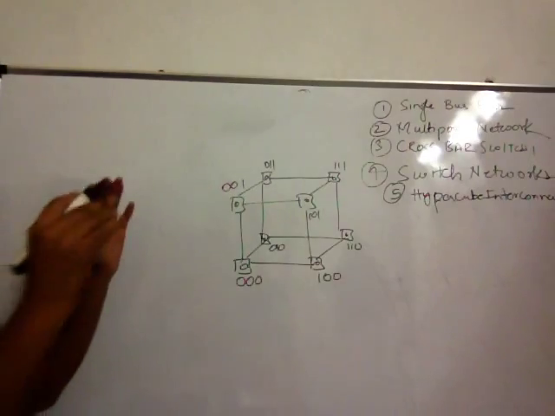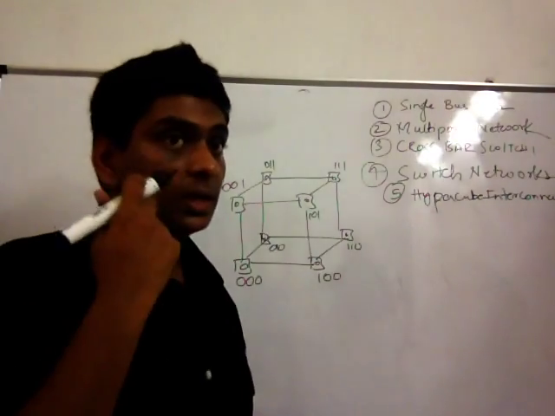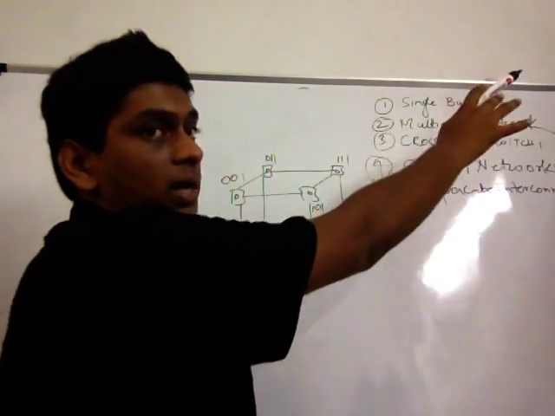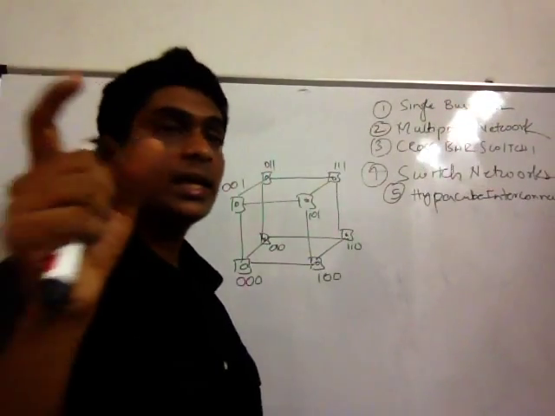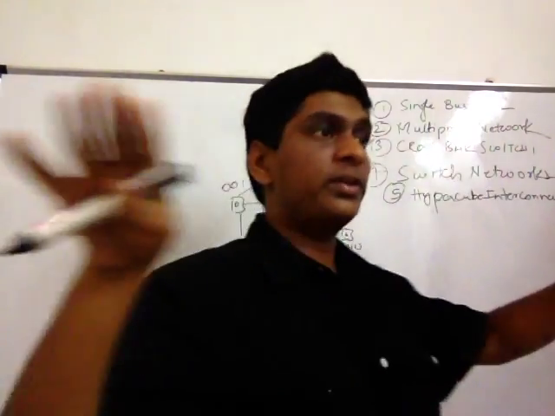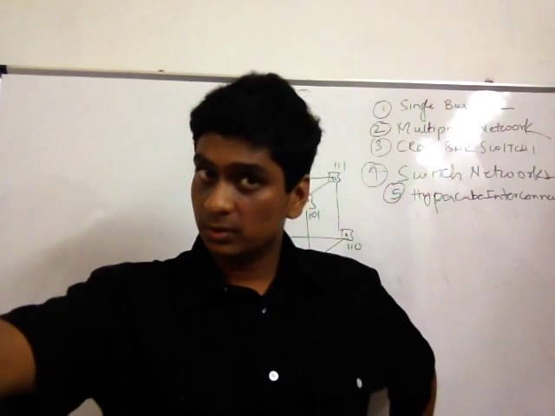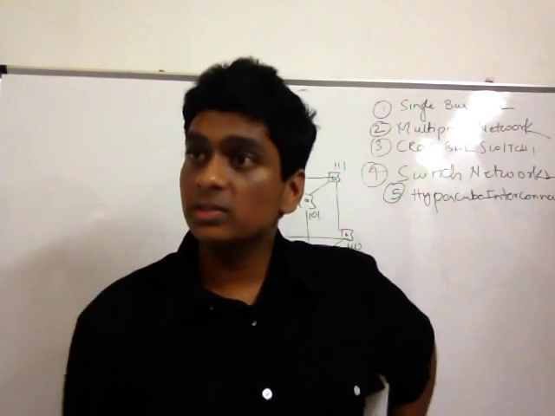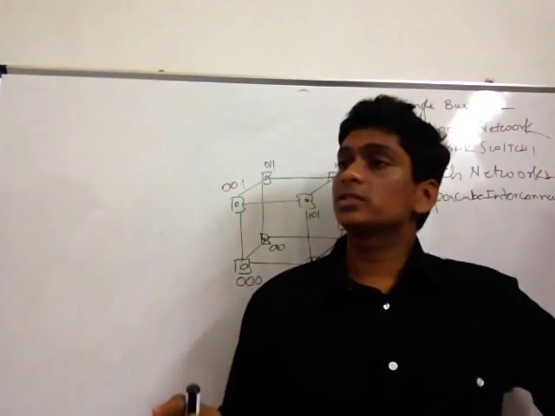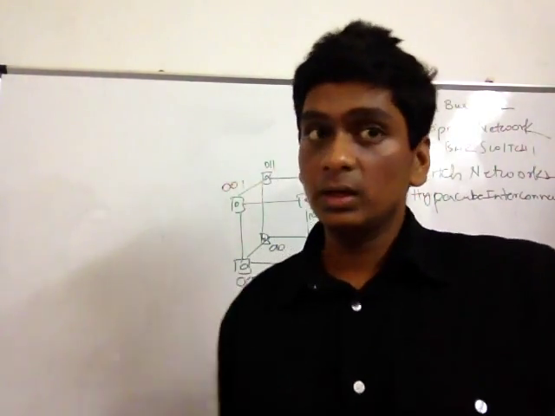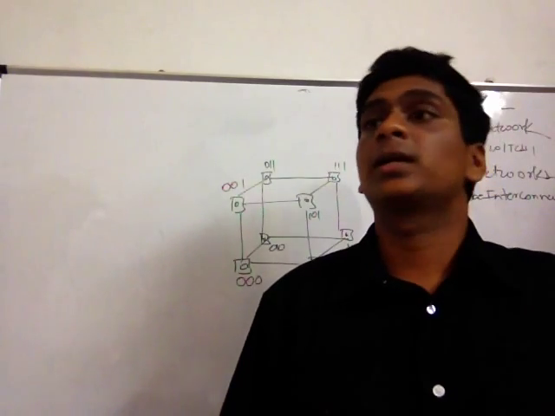So these are the different types of interconnections. Just have a look again. First one is single bus bar, in which a single bus connects every processor. What is the disadvantage of this? It is because if one processor is communicating with the memory, another processor cannot communicate.